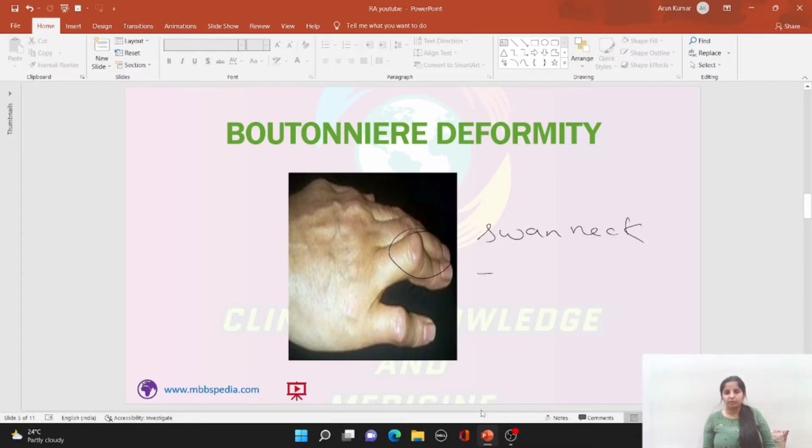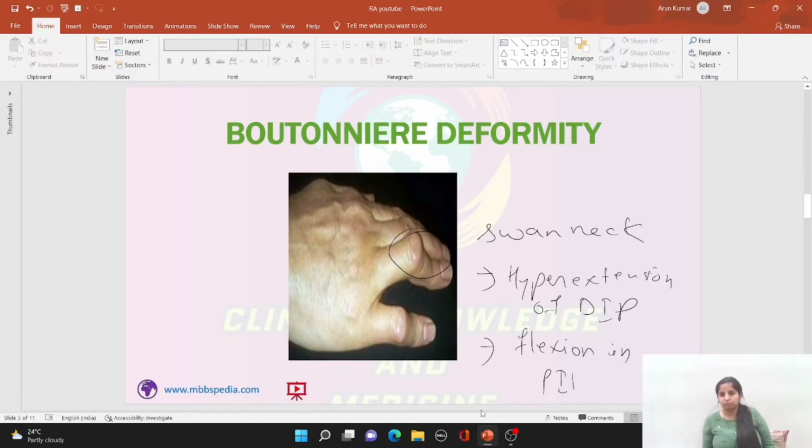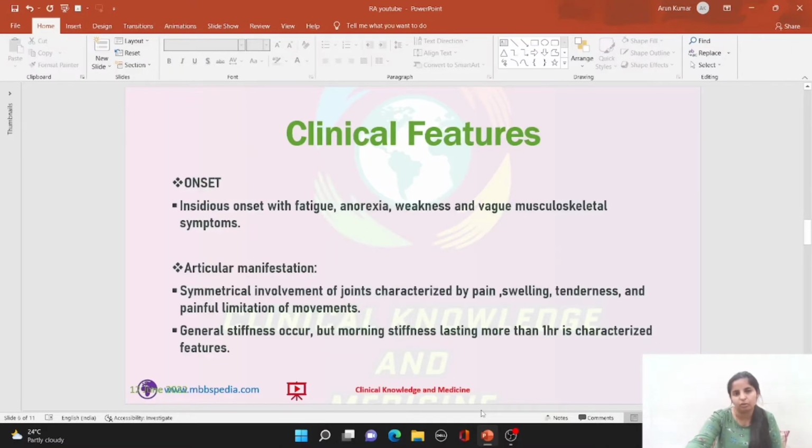In this deformity, there will be hyper extension of DIP joint, whereas there will be flexion in PIP joint. So after seeing this deformity, let's talk about the clinical features one by one.